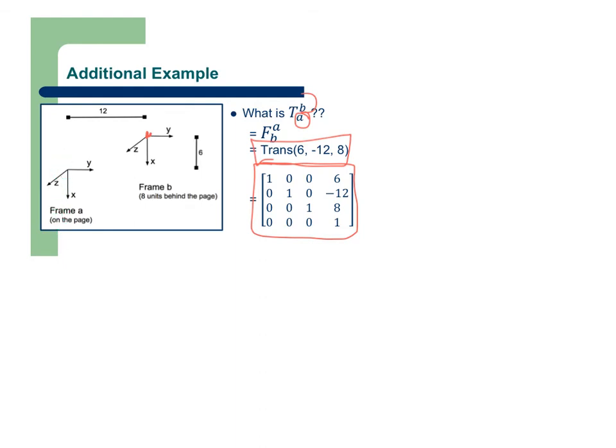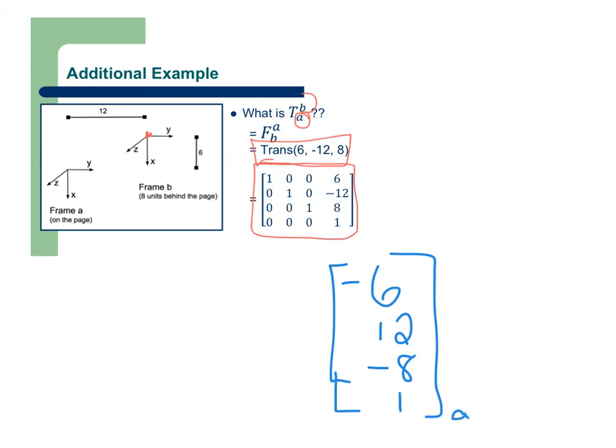So the point is going to be at -6 in the x direction. And looking at y, it looks like it's 12 in the y direction. And the z, it's 8 units behind the page in the negative, so -8, 1. So I'll write a little subscript A to remind myself that this is the location of my point.